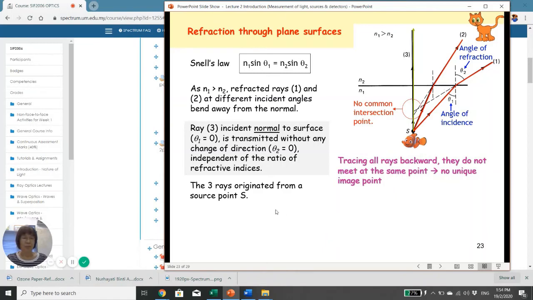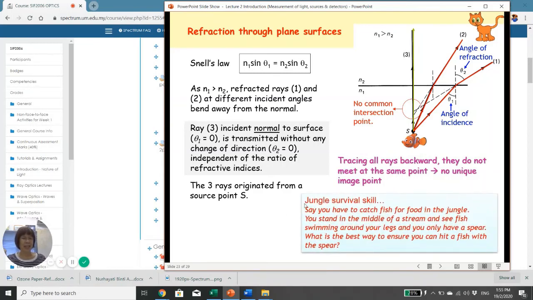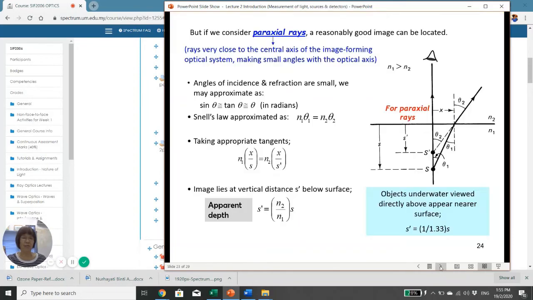Now, before I go into more explanation, here is a question posed, which is question 4 actually, on jungle survival skill. You can read it on your own and then answer the question.